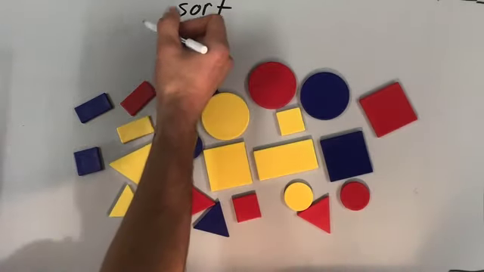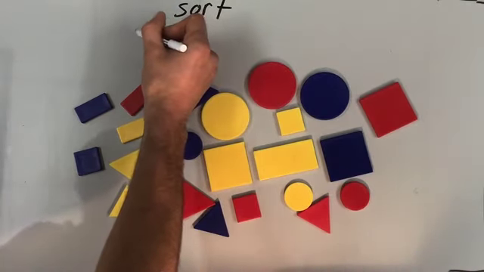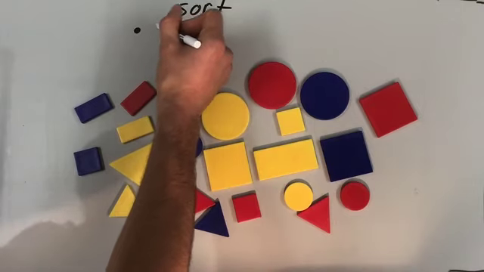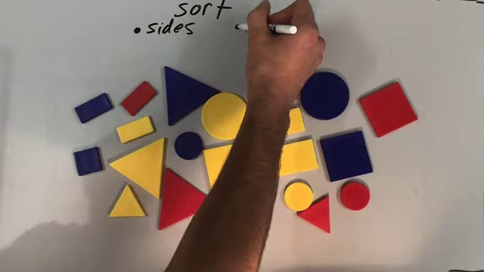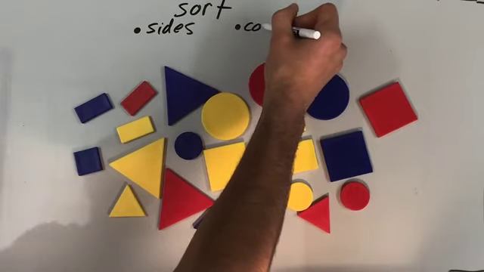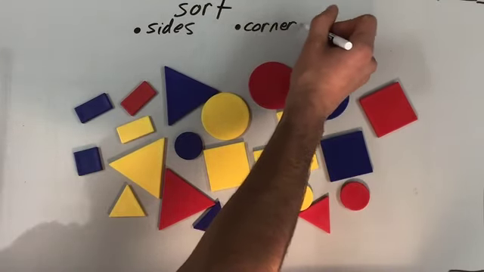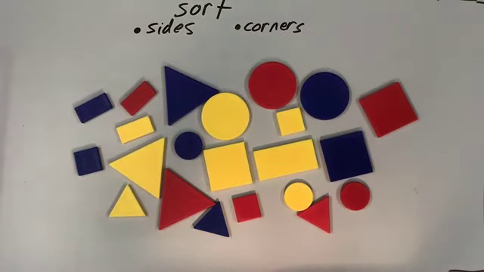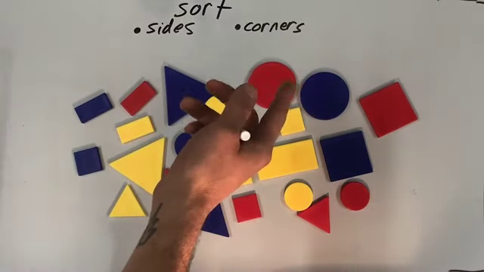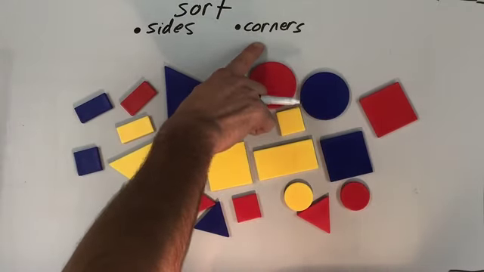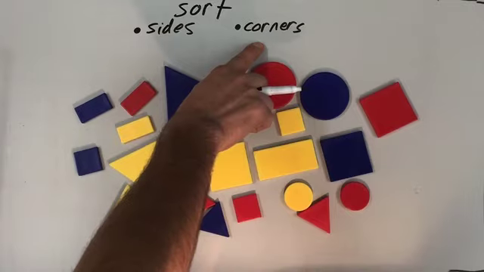And if you remember, the defining attributes of shapes are their sides and corners. And also, if you remember from the last video, the number of sides is the same as the number of corners when we're talking about a shape.